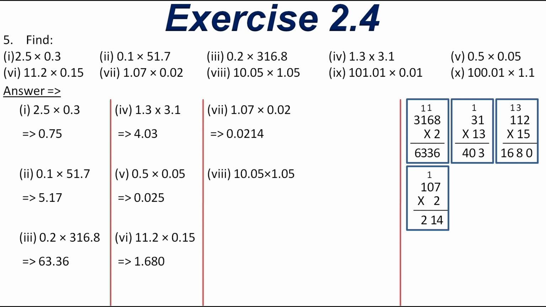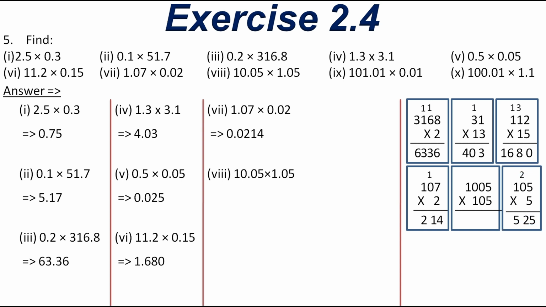Next we have 10.05 into 1.05. Okay, just forgot the decimal point, then the number became 1005 should be multiplied with 105. Okay, now 105 fives are, we don't know. So what we will do, we will multiply 105 by 5 first. So 5 5s are 25, 5 zeros are 0, plus 2 is 2, 5 ones are 5. So 105 5s is 525.